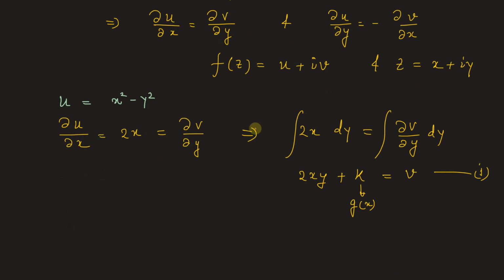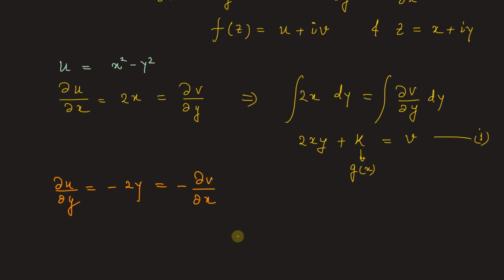Alright, now let's use the second CR condition. According to the second CR condition, we know dou u by dou y should be equal to negative of dou v by dou x. So dou u by dou y will be equal to negative 2y, and this is also equal to negative dou v by dou x. So we can also write this as 2y into dx is equal to dou v by dou x into dx.